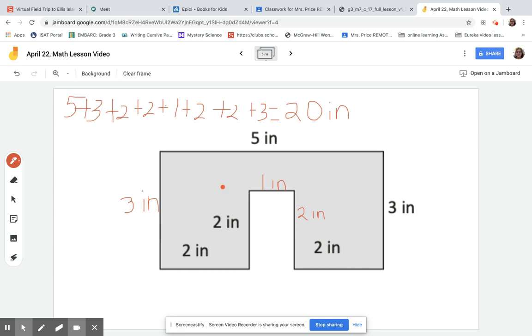So the perimeter for this odd shape equals 20 inches. Okay?